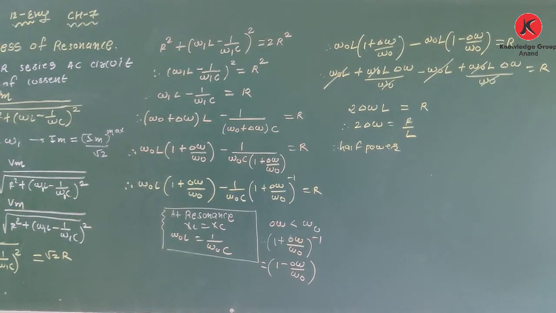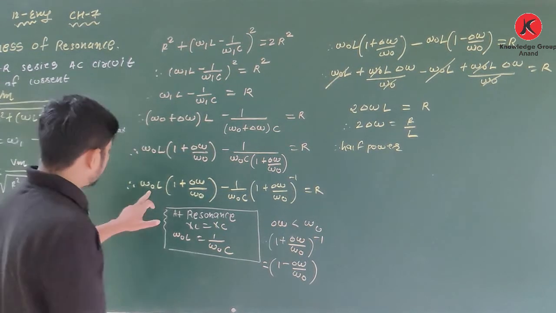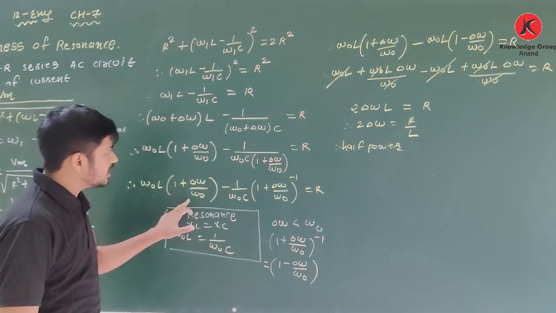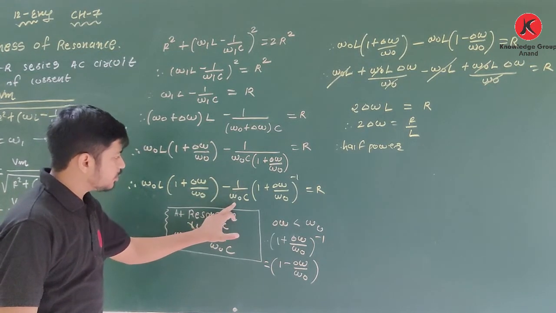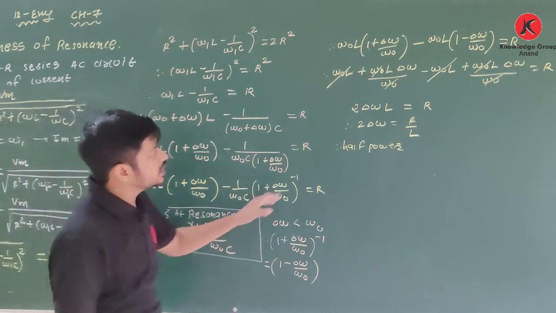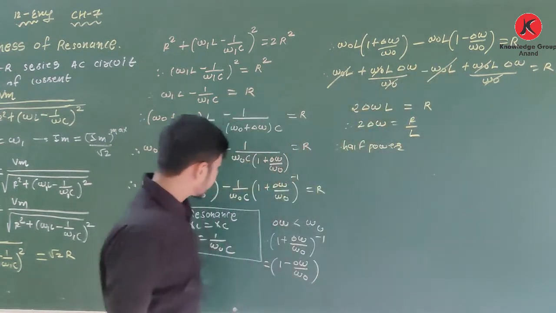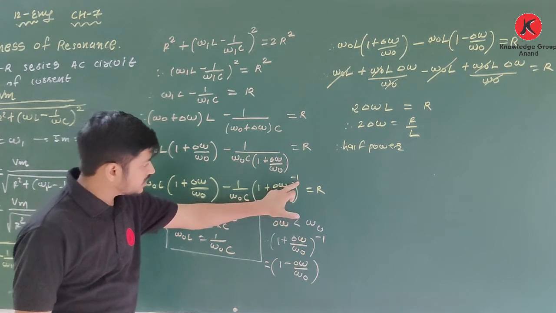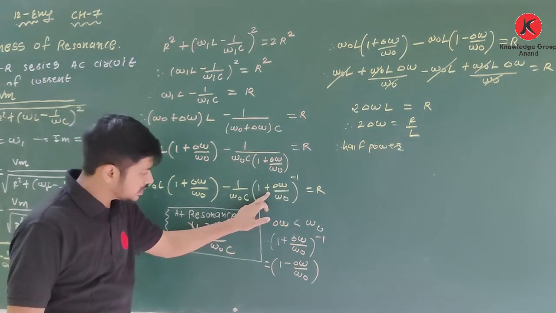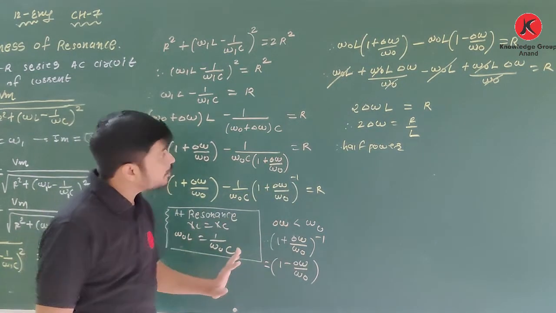Again I will explain this term, that is omega 0 L times 1 plus delta omega upon omega 0, minus 1 upon omega 0 C. This 1 upon omega 0 C is replaced by omega 0 L. And how to write this term? That is 1 plus delta omega upon omega 0 raised to minus 1. Minus 1 power you have to multiply to the second term, that is 1 minus delta omega upon omega 0.